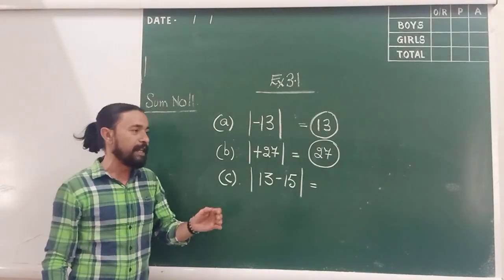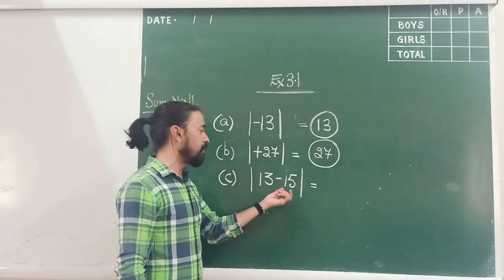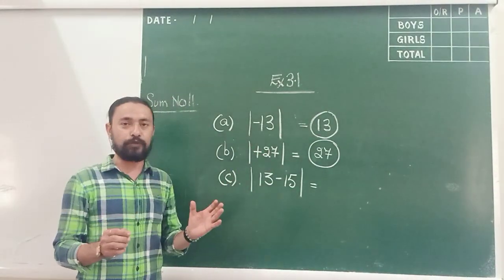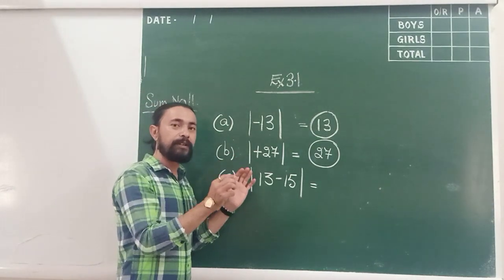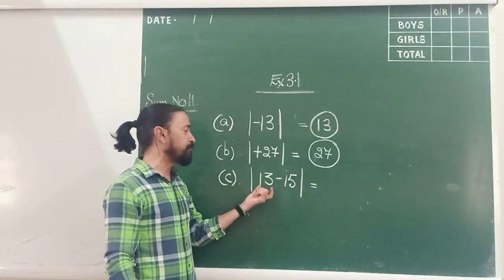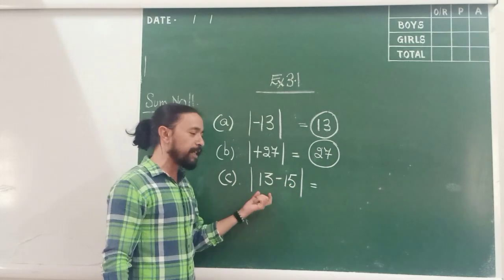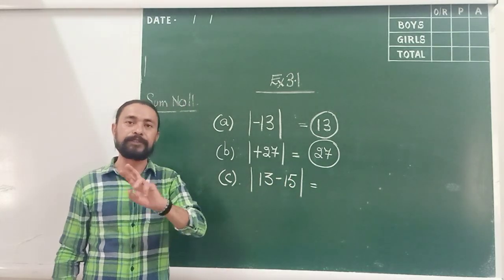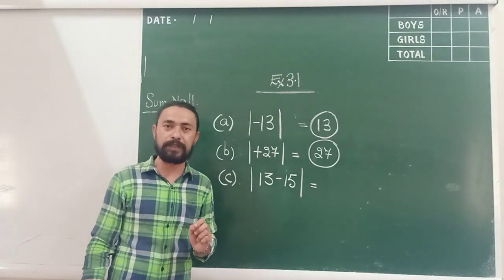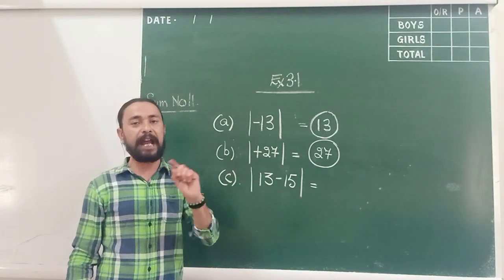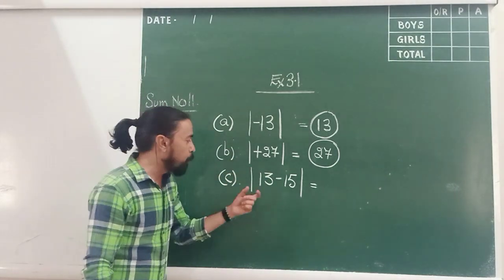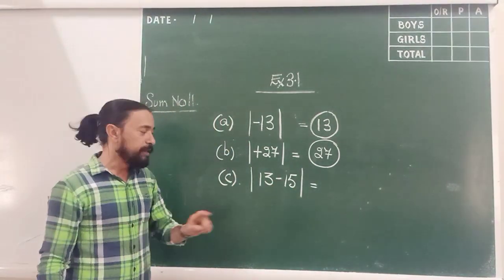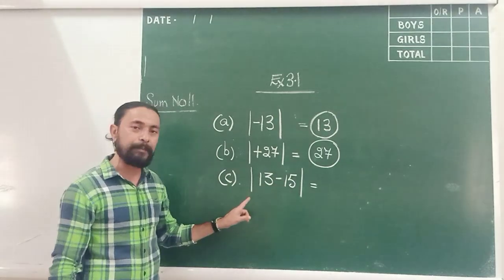In that case, I have to ask myself, remember when I told you, at the end of any solution where you are doing with integers, you will be left with two positives or two negatives, or one positive, one negative, one negative, one positive. If there are two positives, add them and put the positive sign. If there are two negatives, add and put the negative sign. But what happens when one is positive and one is negative? Then I see which one is greater amongst them.